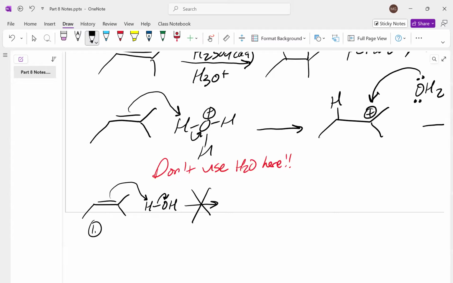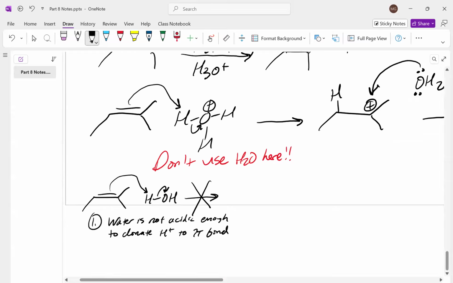Number one, water is not acidic enough to donate a proton to the pi bond. Or you could look at it as the pi electrons are not basic enough to pull hydrogen off of water. So that will never happen. That does not happen in reality, so you don't show it in the mechanism.